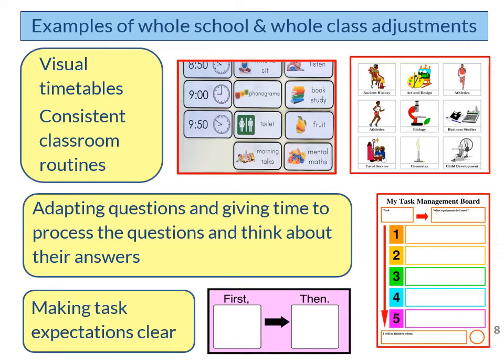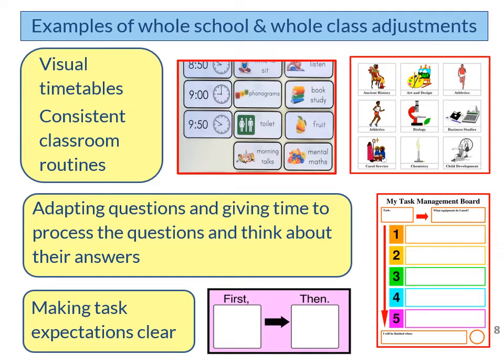This slide shows examples of adjustments to support the learning in the classrooms, making learning more accessible and easier to process. Visual timetables are helpful to all pupils, providing a clear plan of the day and helping pupils to know what is coming next. All children and young people benefit from a clear, consistent routine, and this can be easily supported through visuals in the classroom.